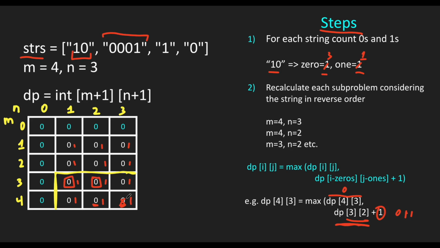So again, we are considering the same. We are starting from our top position, which is the 4 and 3, and we are moving backwards. So for example, in this case, what is the value here? The current value for 4, 3 is 1.